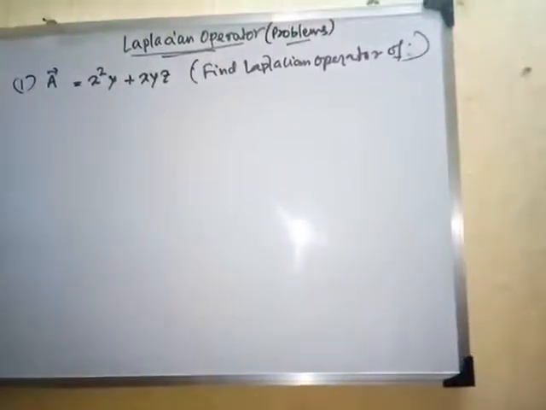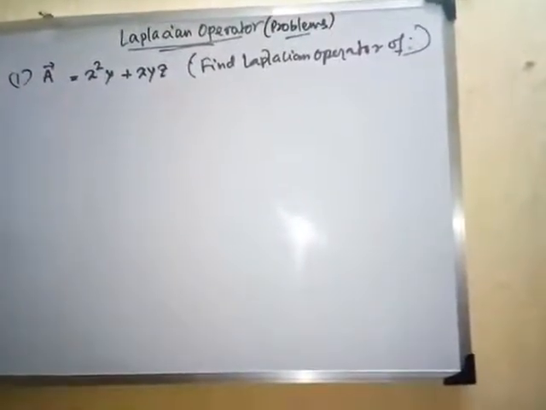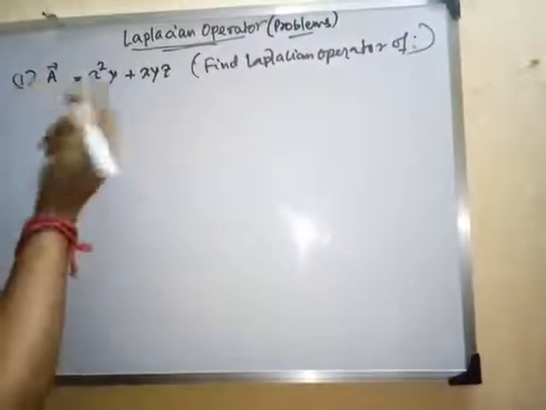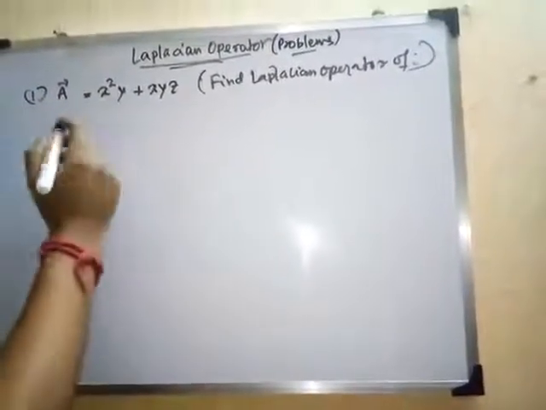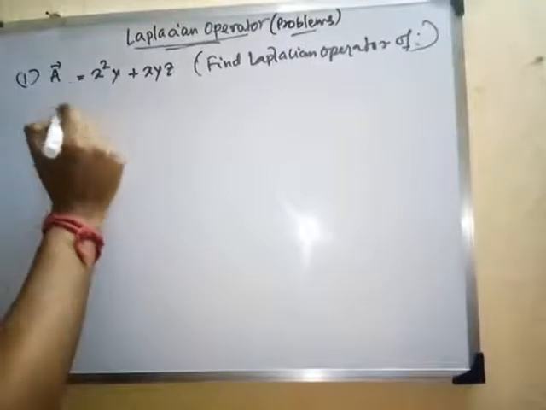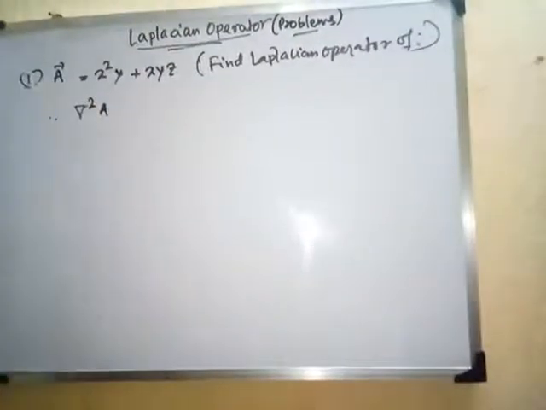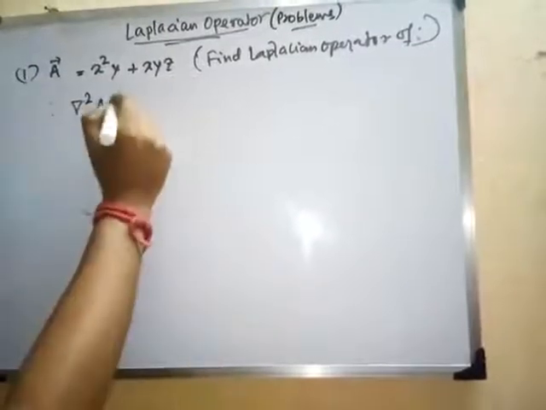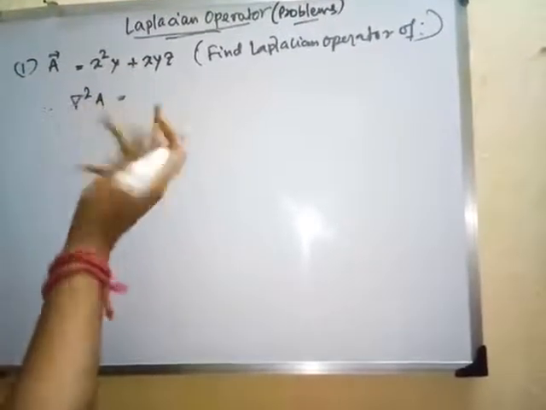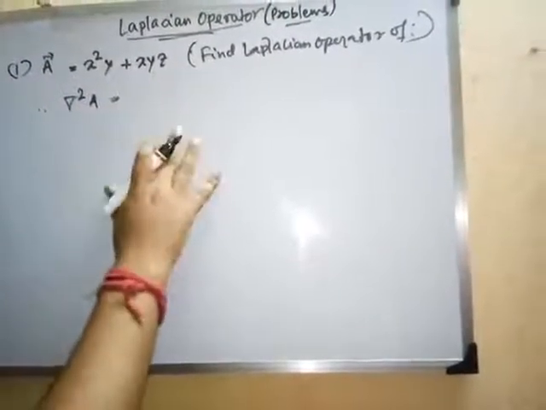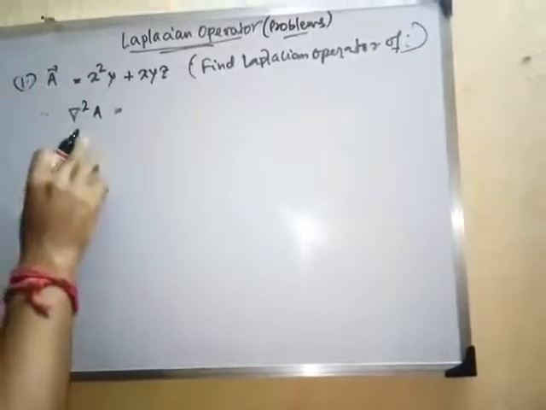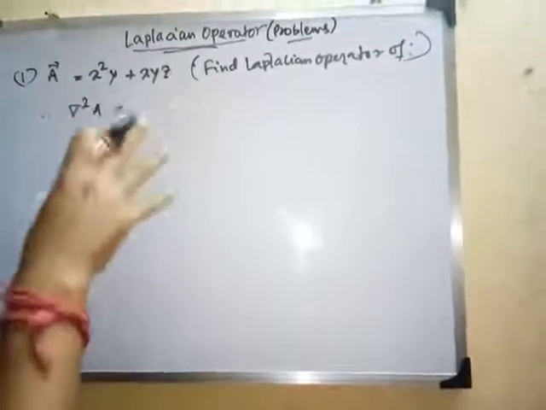So how do we solve this kind of problem? We'll simply use the last equation that we had in our previous discussion. So we find del square A of this vector. It may be a scalar, but as per our definition we are not bothered about whether it is a scalar or vector unless they define it.